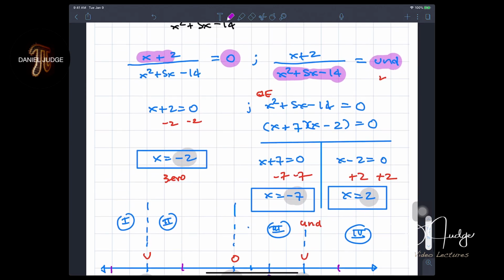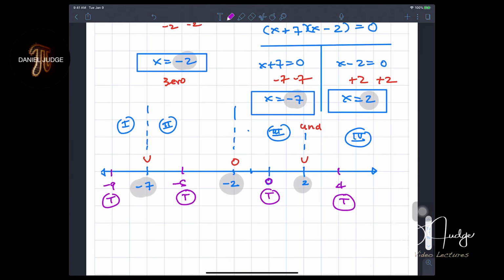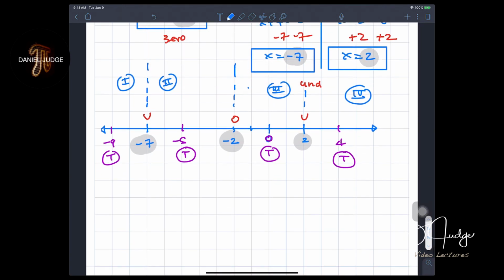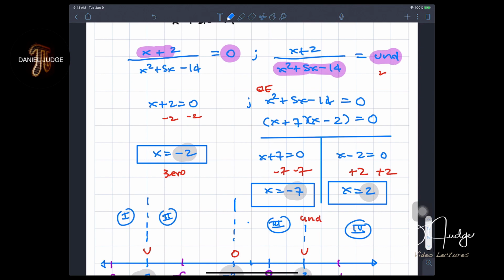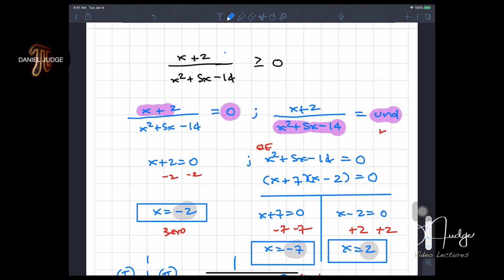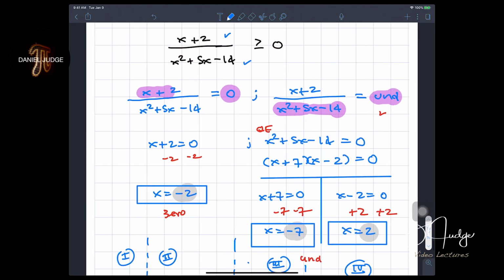And then I'm going to suggest to you guys to do the following. Remember what this fraction is. You got x plus 2 over x squared plus 5x minus 14. I'm going to say to you guys, use the factored version right here. What's the factored version? It's x plus 7 times x minus 2.